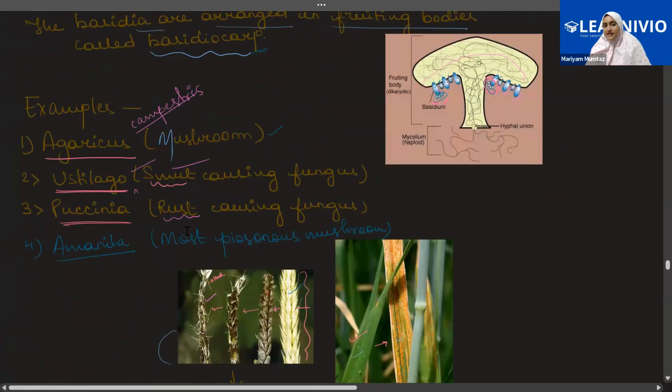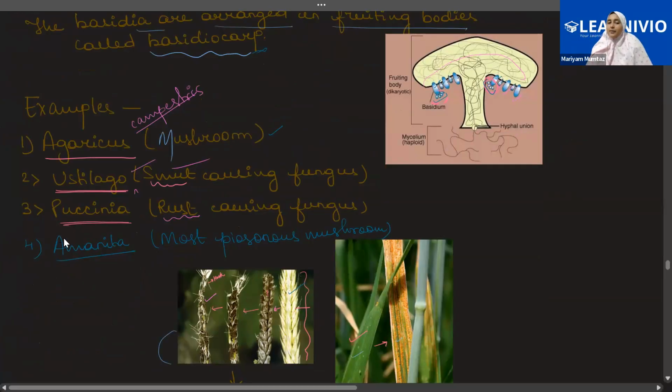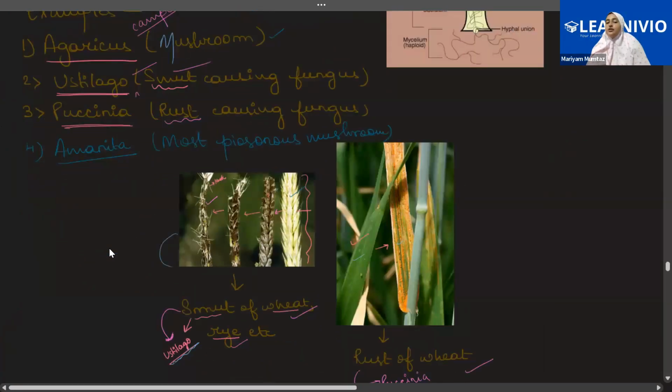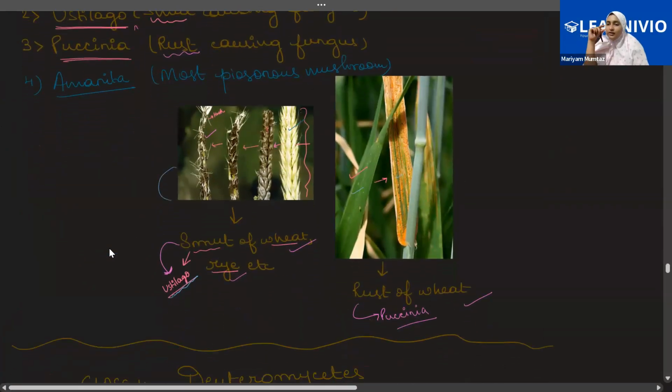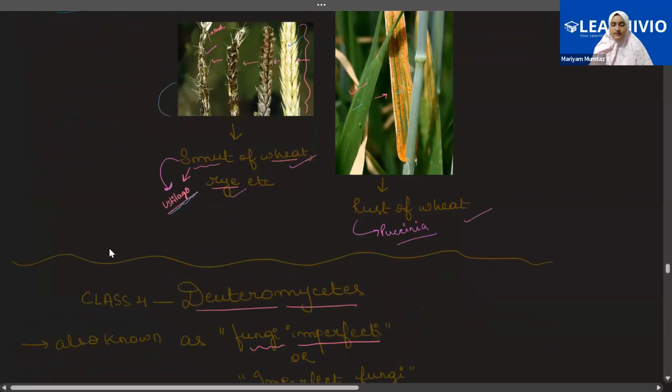Examples are Agaricus campestris, the common mushroom, Ustilago, which causes smut, Puccinia, which causes rust, and Amanita, the most poisonous mushroom. The red mushroom emoji on the WhatsApp keyboard is Amanita. Red mushrooms are always the most poisonous.